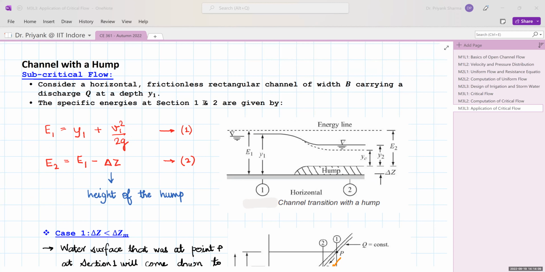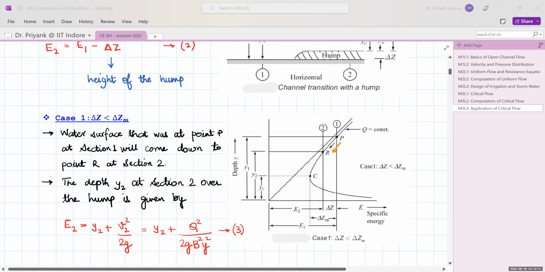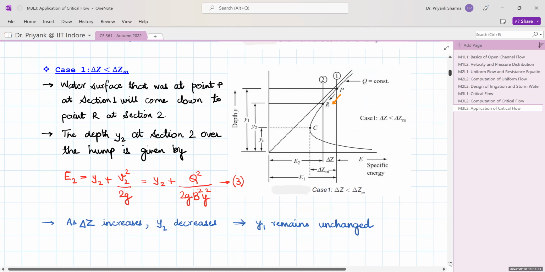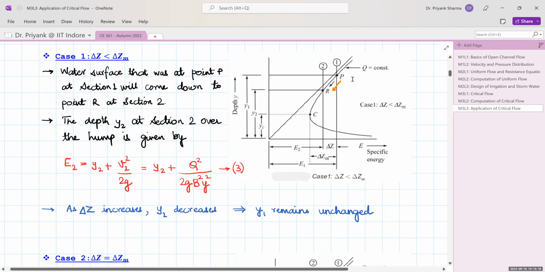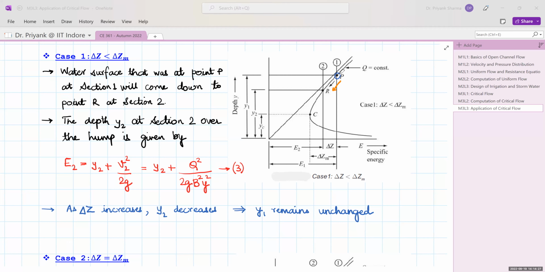So in the first case, your height of the hump is less than delta zm, that is the maximum height that can be permissible. So let us understand with the help of the specific energy diagram. So initially, if your water surface is at point P, when you go on increasing the height of the hump delta z, so that it tends to delta zm, there will be reduction in the specific energy E2.